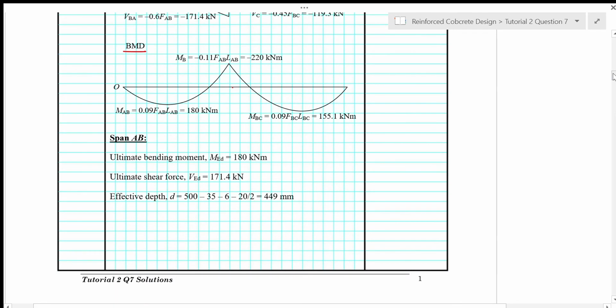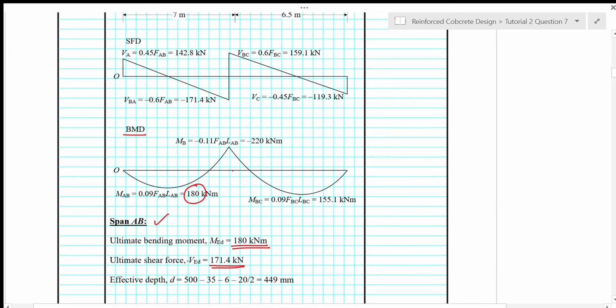Now we want to start designing. So first of all, we look at span AB. So for span AB, the design moment is 180 kilonewton meter. So the ultimate bending moment MED is 180 kilonewton meter.